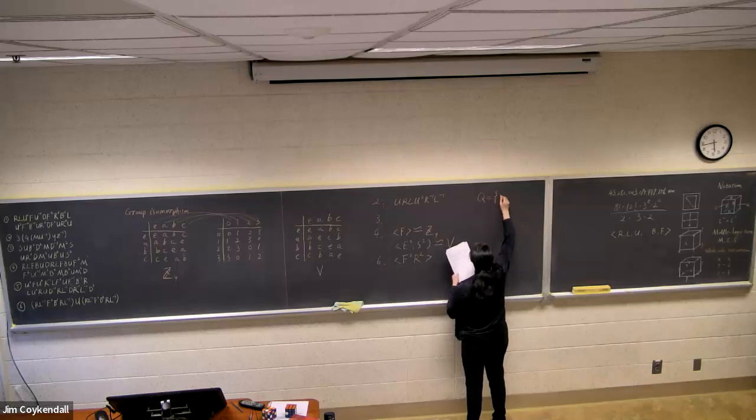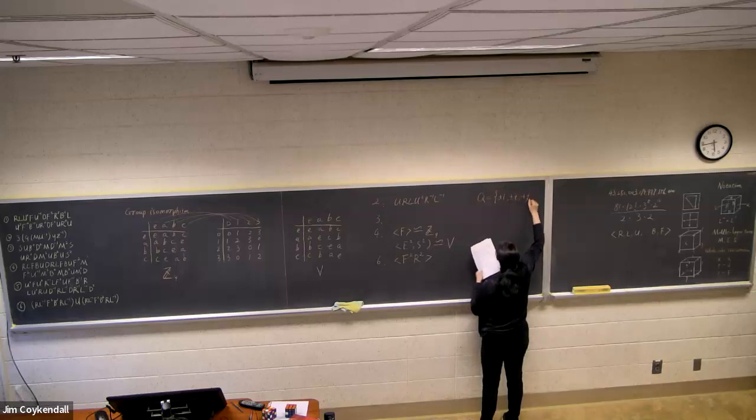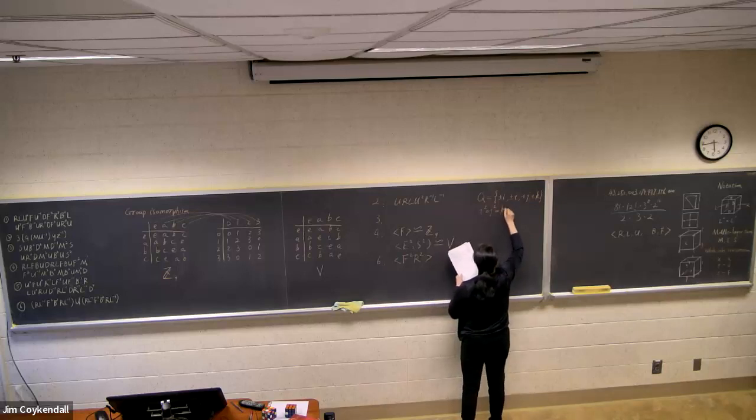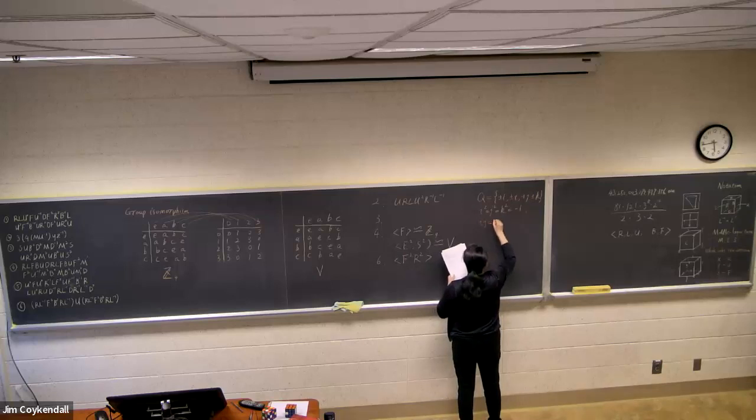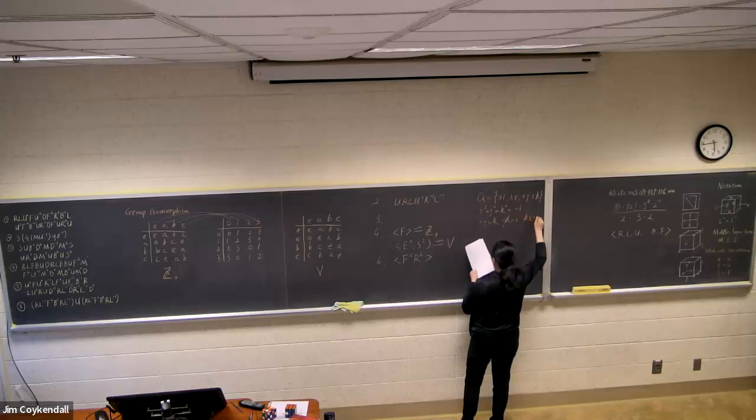Quaternion group has 8 elements that satisfies I squared equal to J squared equal to K squared equal to -1. IJ equal to K, JK equal to I, KI equal to J.